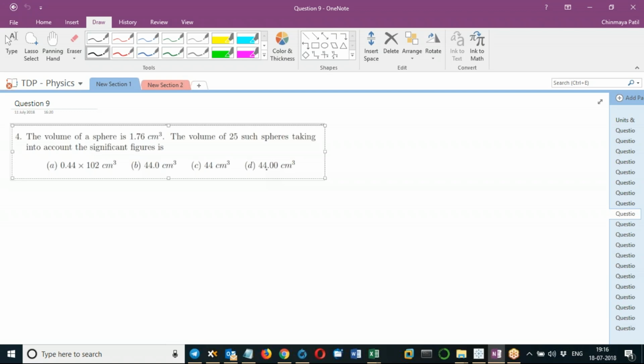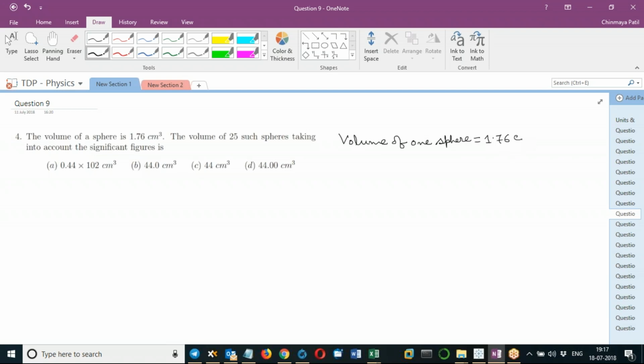So according to the question, the volume of one sphere is 1.76 centimeter cube. So let me write it here. So volume of one sphere is equal to 1.76 centimeter cube.